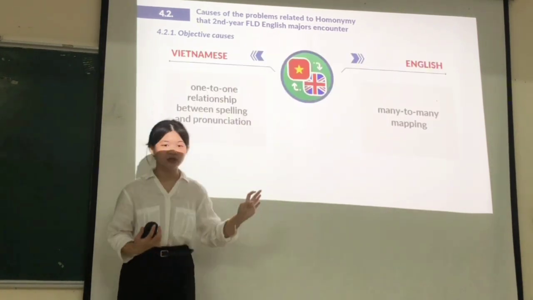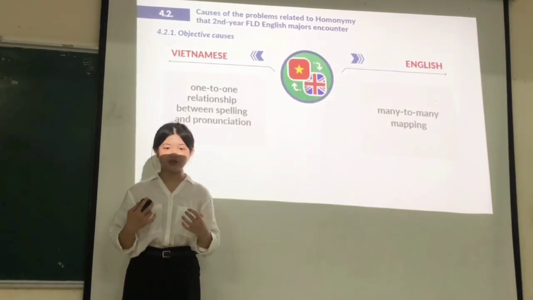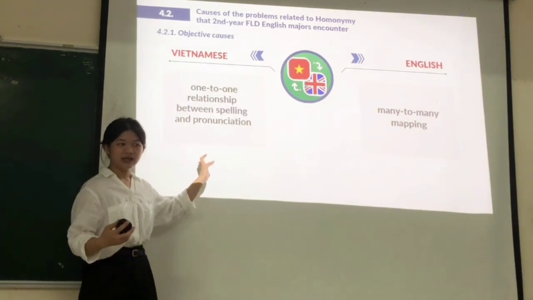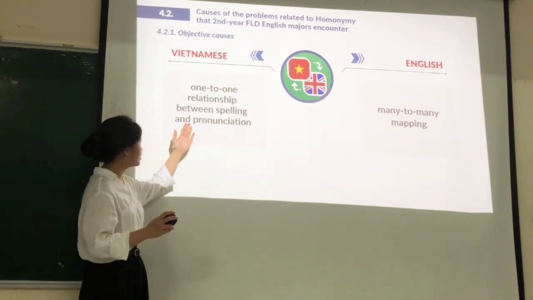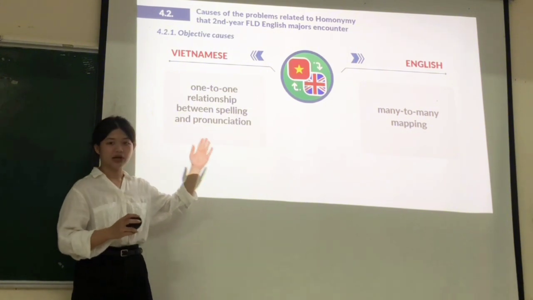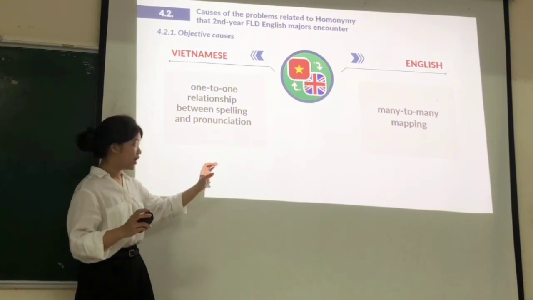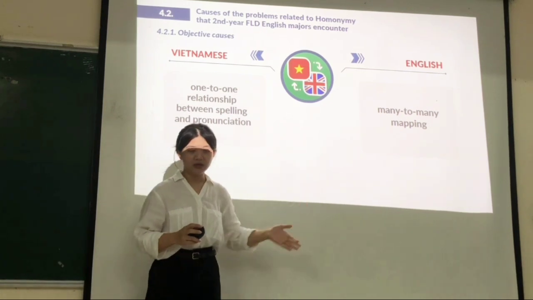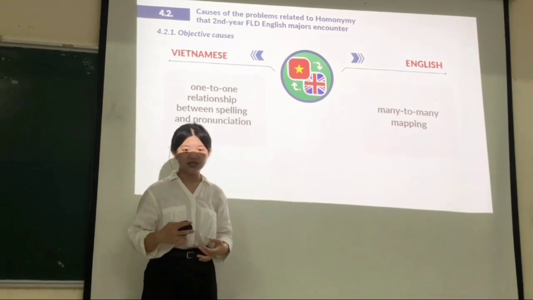And the key linguistic differences between English and Vietnamese: in Vietnamese, there is a straightforward one-to-one relationship between the spelling and the pronunciation of the word. Meanwhile, in English, there is many-to-many mapping between the pronunciation and the spelling.